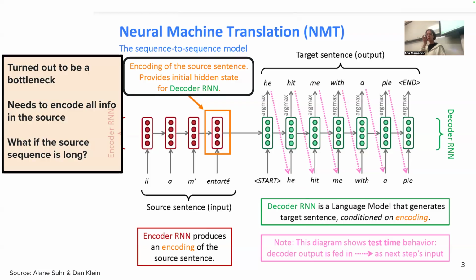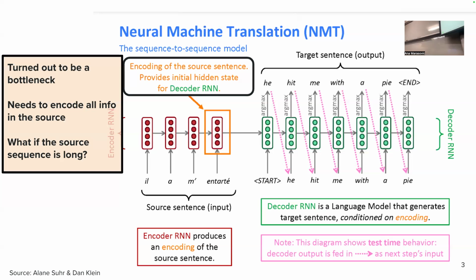And the issue here is that it turns out that this idea that the last hidden representation at the last token of a source sequence should encode all the useful features of that source sequence is actually too ambitious and too optimistic.